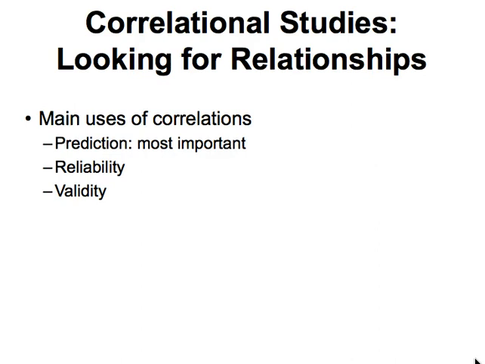Correlations are used to test the validity and reliability of psychological inventories, like personality, aptitude, skills, and so on. Reliability refers to the degree to which a test produces consistent results.